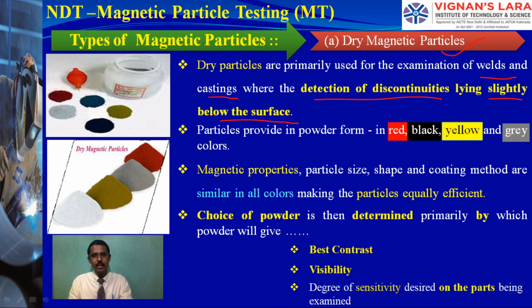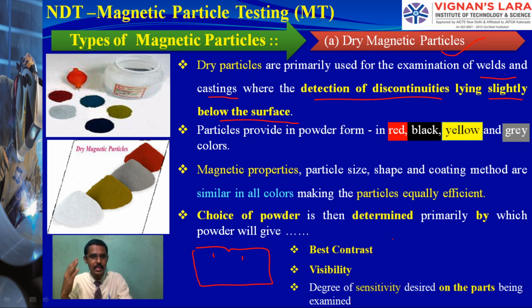We know that in general, defects can be found on the surface by liquid penetrant inspection or magnetic particle inspection. But here the magnetic property is there. Therefore, if there is any crack at this point, on the upper part of the subsurface, near the subsurface, we can detect it.